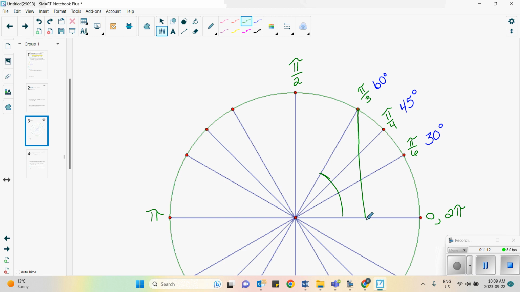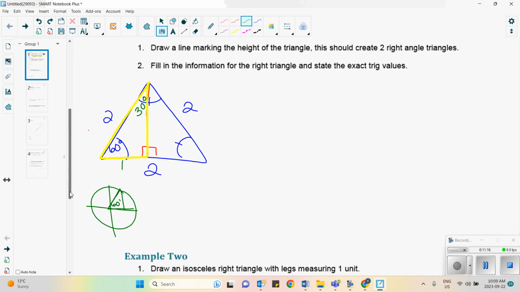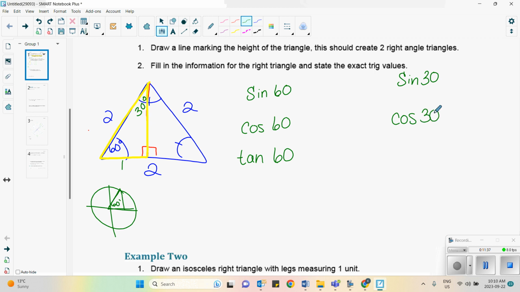Okay, Rahat, what are you working on, bud? There's so much movement with you, it's hard to keep up. All right, let's do trig ratios for this. I want you to do sine of 60, cos of 60, tan of 60, and then I want you to do sine of 30, cos of 30, and tan of 30.